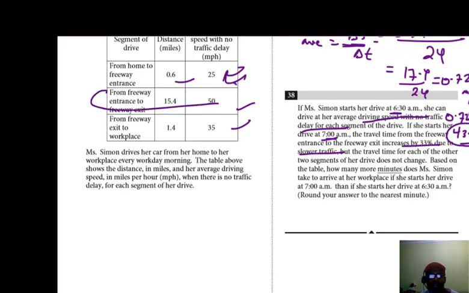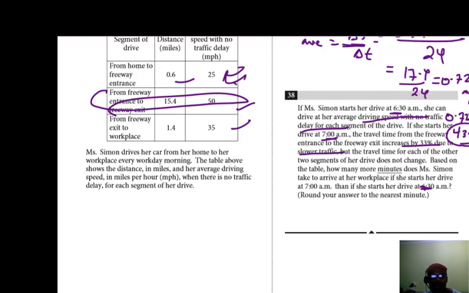But the travel time for each of the other 2 segments, the first 2, has no change. Based on the table, how many more minutes does Miss Simon take to arrive at her workplace if she starts her drive at 7 a.m. compared to the morning one? Let's calculate first.